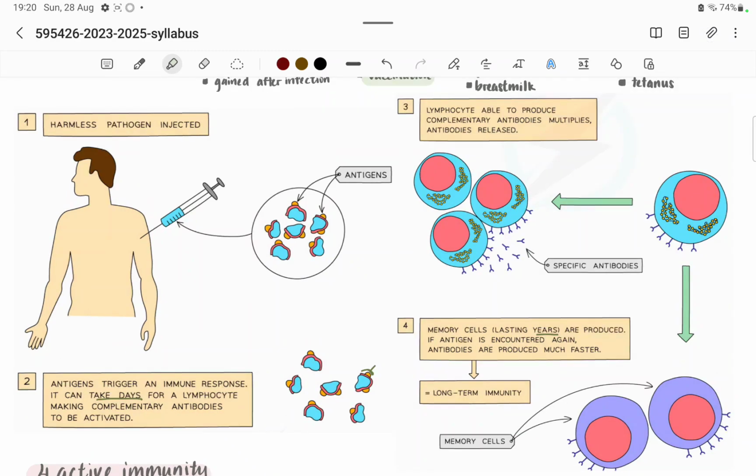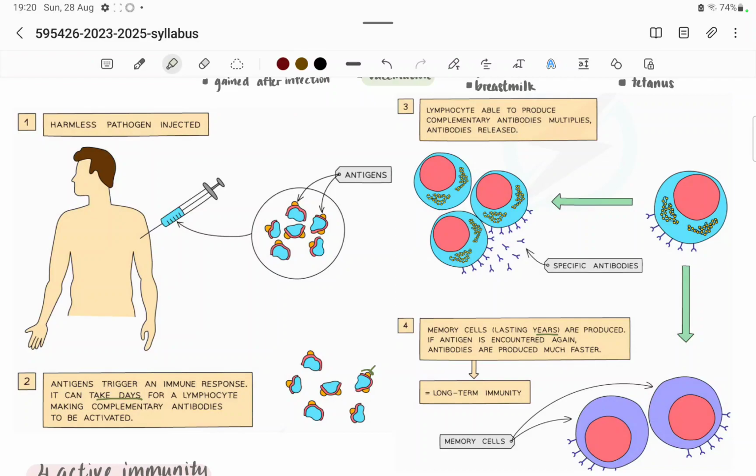And then lymphocytes will produce these complementary antibodies. Okay, the lymphocytes will be multiplied also.